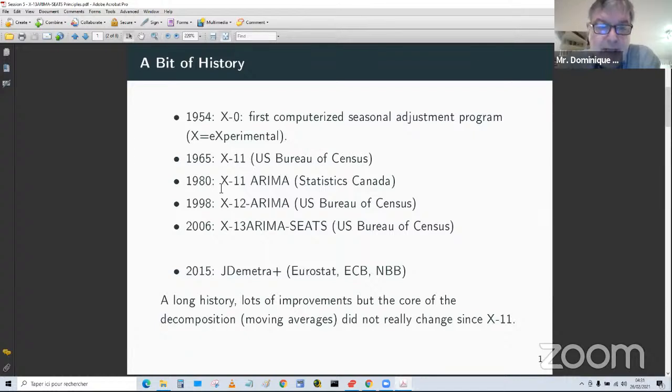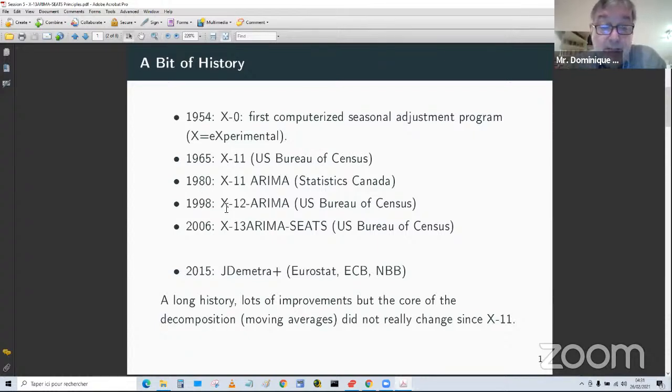And after, in the 80s, Statistics Canada used ARIMA models. If you remember Box-Jenkins, it was in the 70s. So in the 80s, Statistics Canada used the results from Box-Jenkins on X11 to improve the adjustment at the end of the series using forecasts.